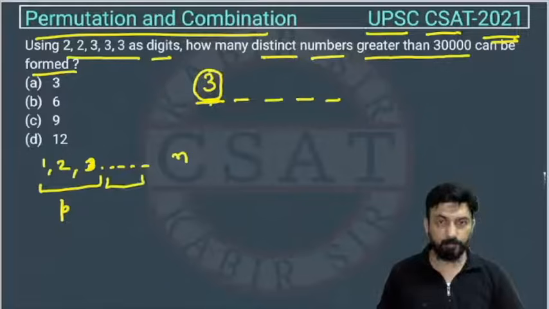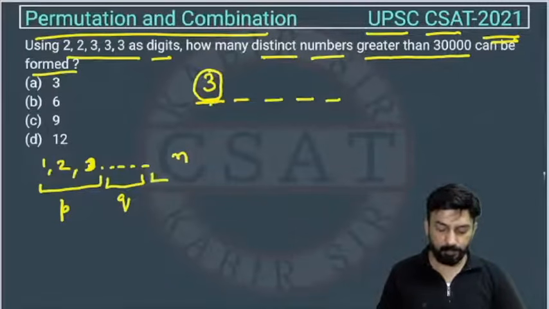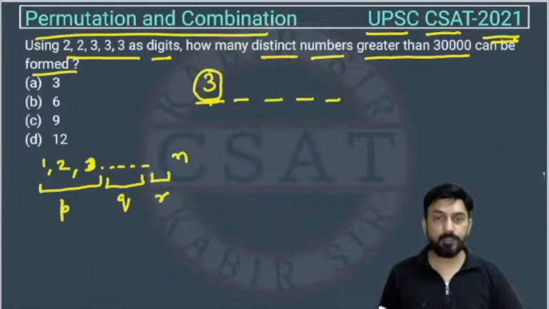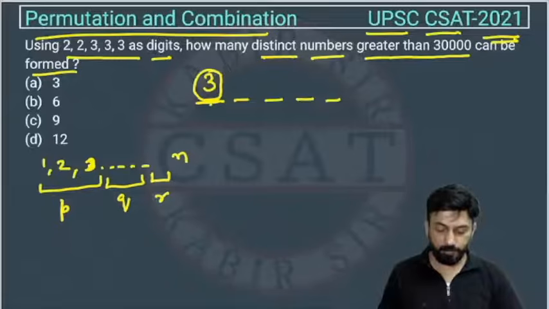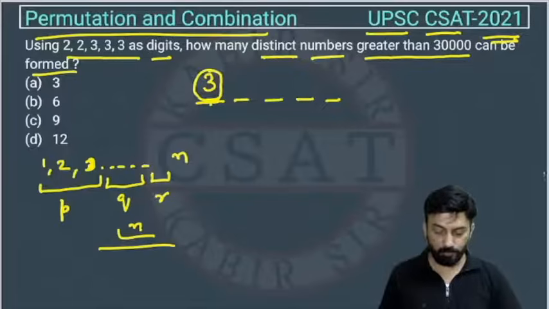And these few, suppose q, are of the same type, and these are of the same type, this is r, right? So the formula is, first we will arrange all in factorial n ways, then we will divide by the arrangements of these p objects, because they are of the same type, so the arrangement will not make a difference, right?